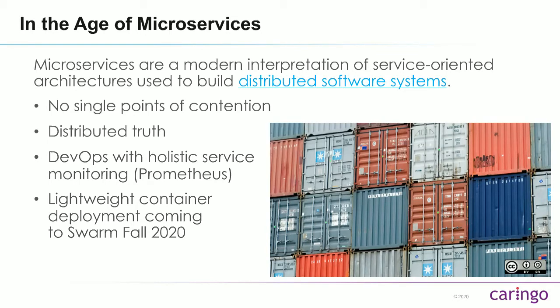And Ryan, if you don't mind me interjecting here real quick, to Ryan's point in that second bullet, regarding distributed truth, that is the meat of what we're trying to get out of deploying against this service-oriented architecture approach.